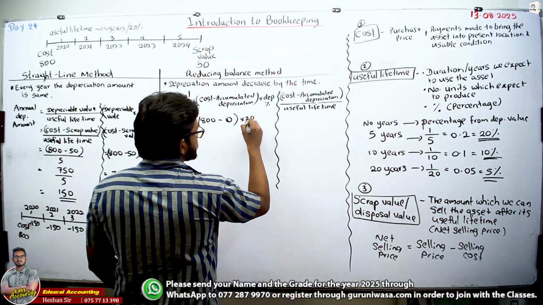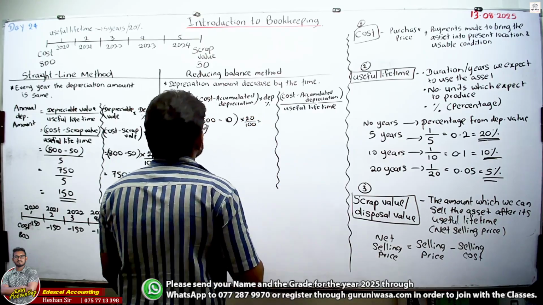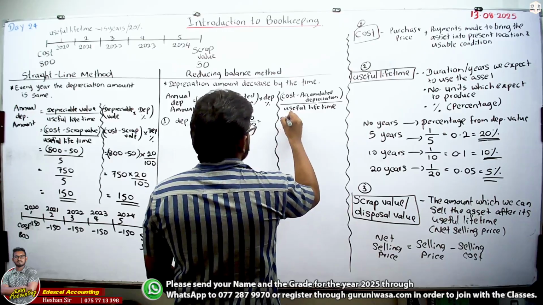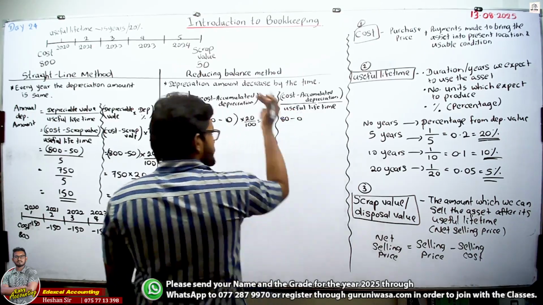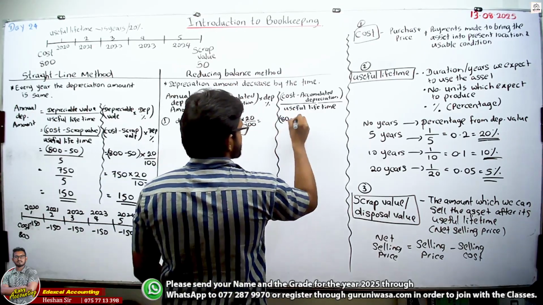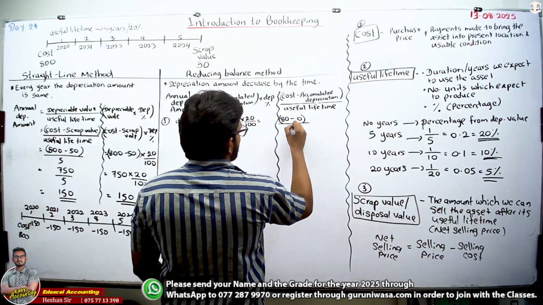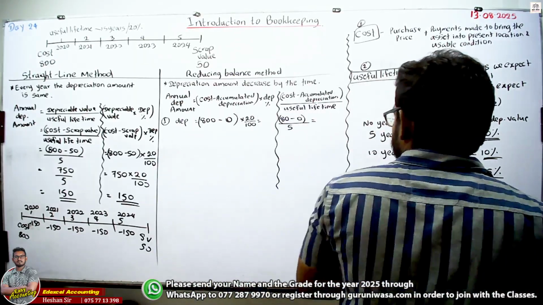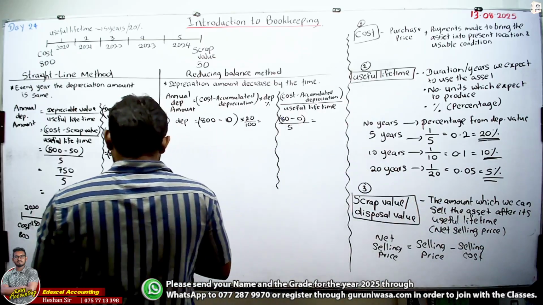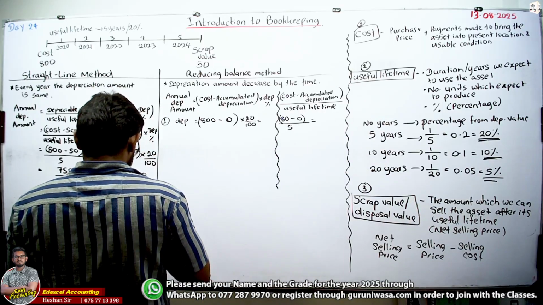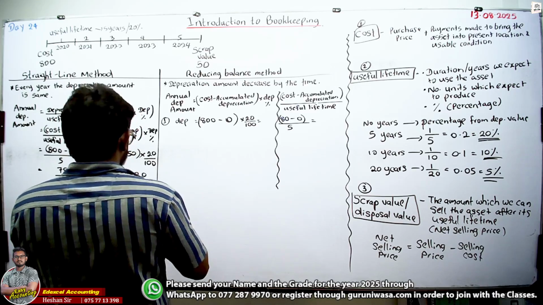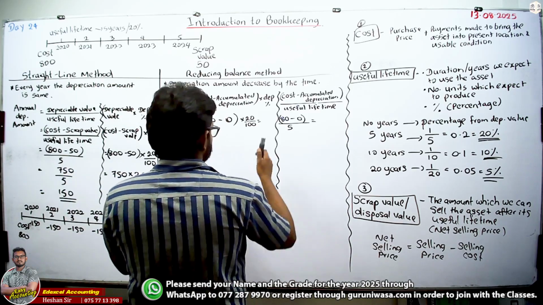20 upon 100 in the first year. In this method, 80. Accumulated depreciation means the previous depreciation. In the first year, there are no previous years. How much is the first year depreciation? 800,000 into 20 divided by 100, which means 160 for the first year.